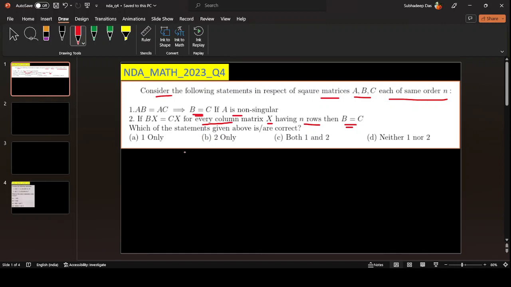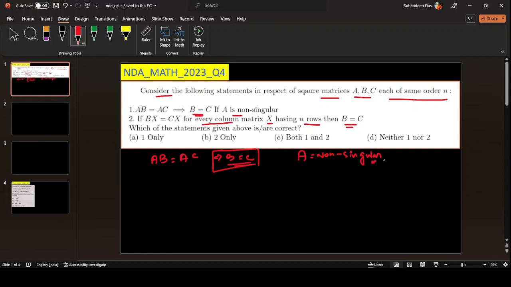Now see the first statement. It is given that AB equals AC. Does AB equal to AC always imply B equal to C? Let's just check this. Now see that it is given A is non-singular.